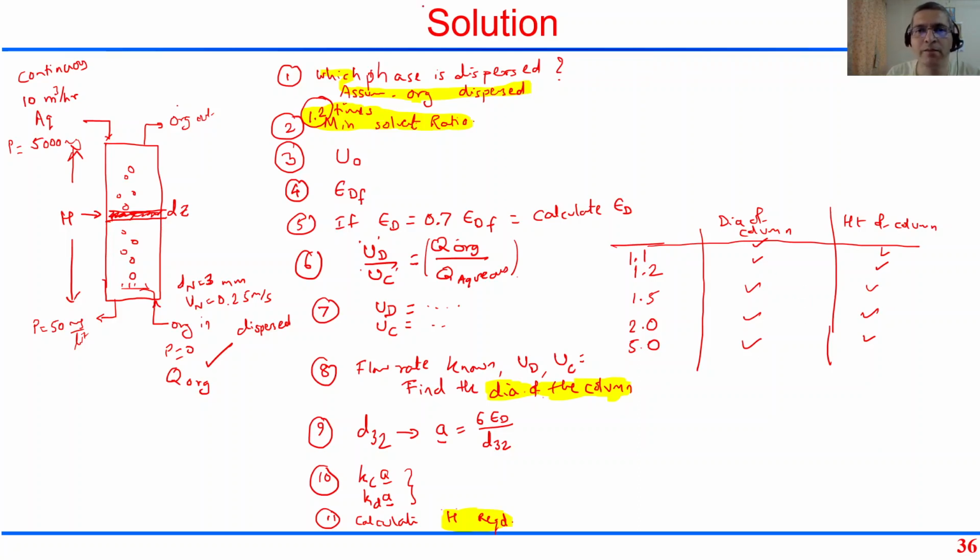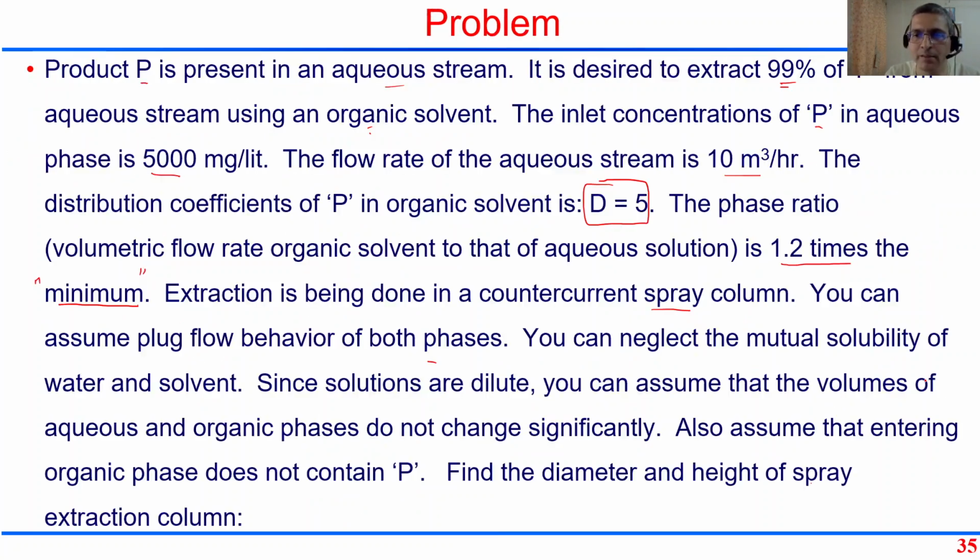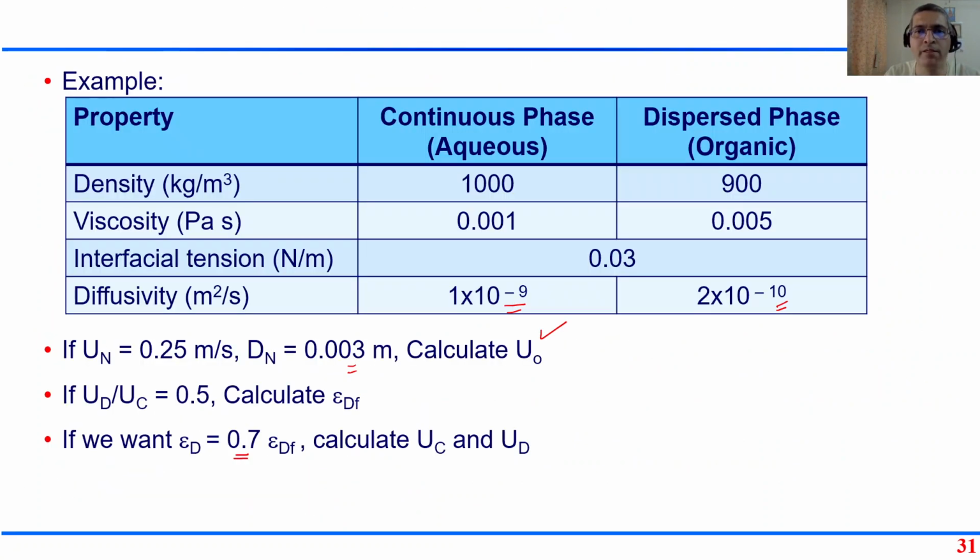Now you can change the phases also. We have taken organic to be dispersed, so this set of calculations is for organic dispersed and aqueous continuous. But you can operate the spray column the other way around also. I can have aqueous dispersed and organic continuous. What will change is, now the properties will change, right?